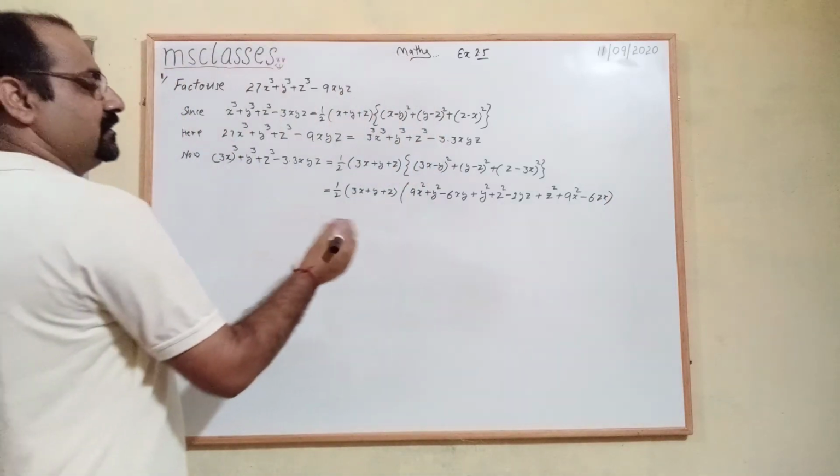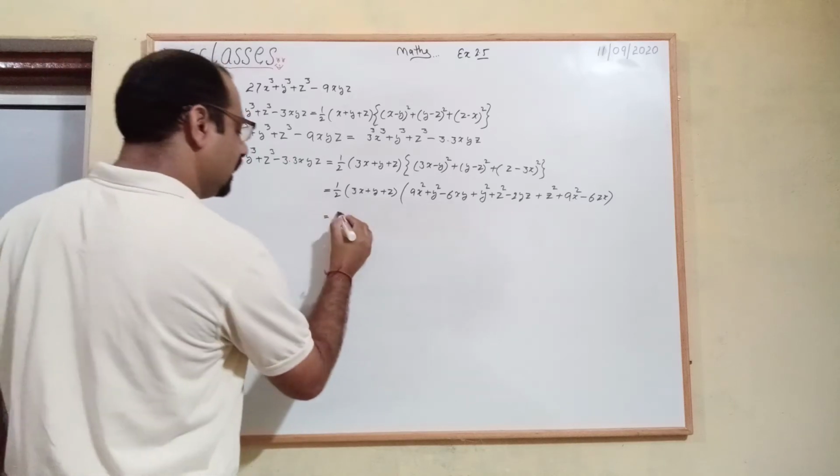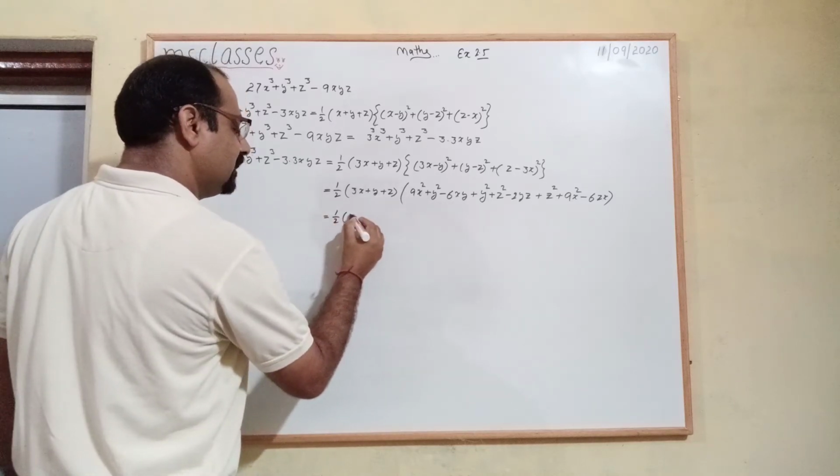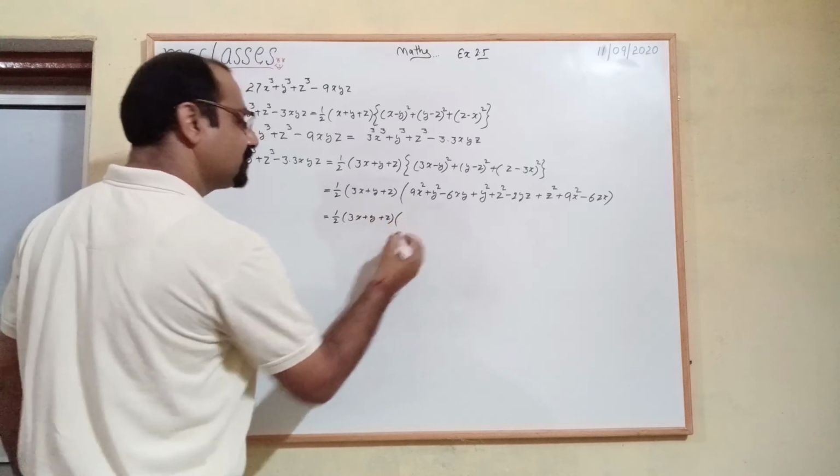Right, now this will become half of 3x plus y plus z.